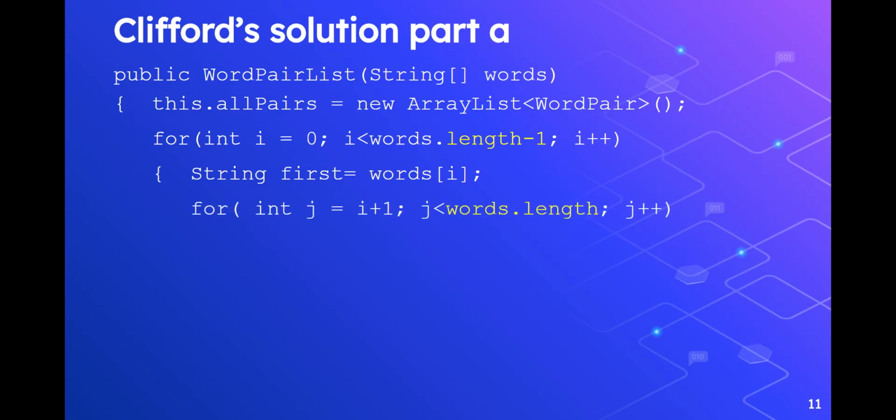Now I've got to go through the array a second time. It's a nested for loop, and notice what I'm doing there. I'm not starting at i, because then I would be getting the same word twice, and I don't want to do that. I want to start at the next one, so I'm going to add one to it. This is why it's really important that I not go all the way to the end.